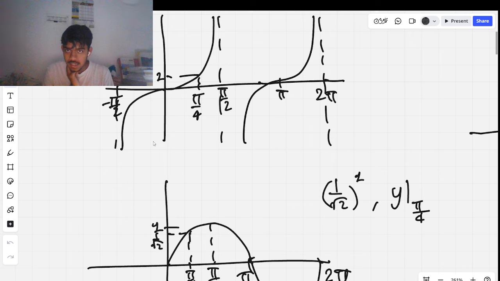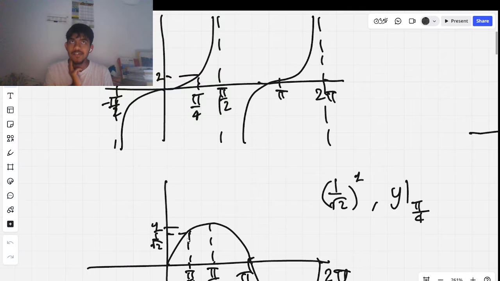If you have a number that's less than 1 and you raise it to the power of something else that is less than 1, then you're going to get a number that is more than the initial value in most cases.